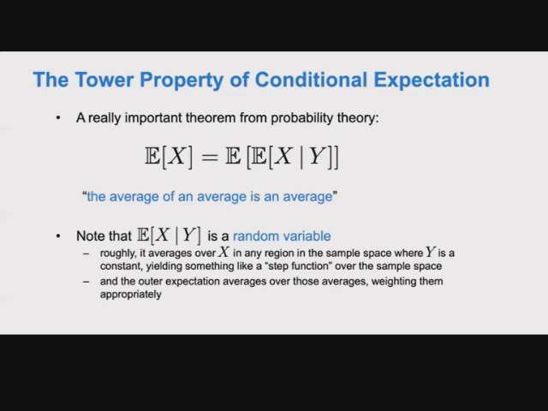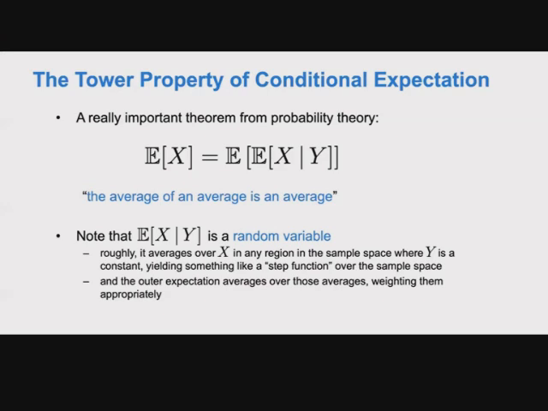In that entire region, x was varying over the sample space. I'm going to replace x with its average over that region. So maybe the average is 4.25 in this whole big region where y was equal to 5. And so now I'm going to build a new random variable which has the value 4.25 in that entire region.